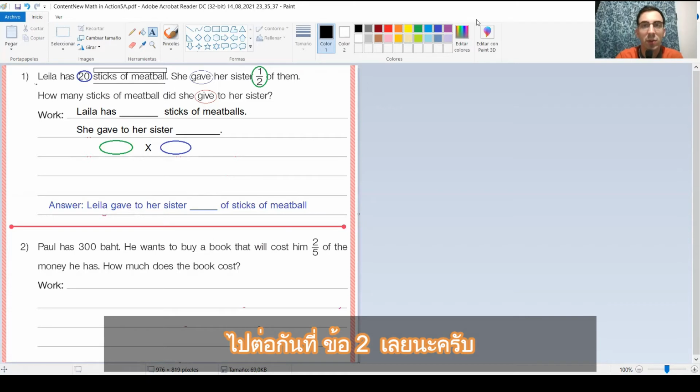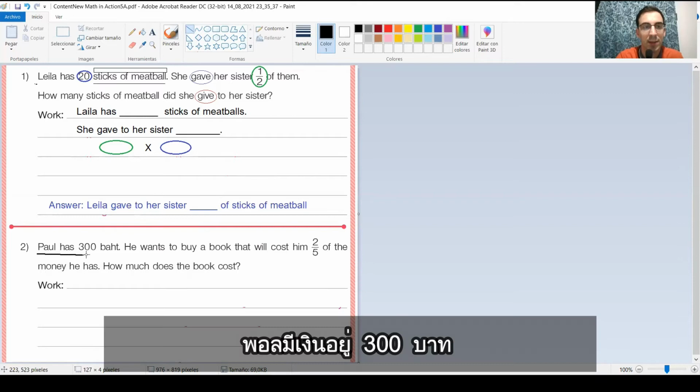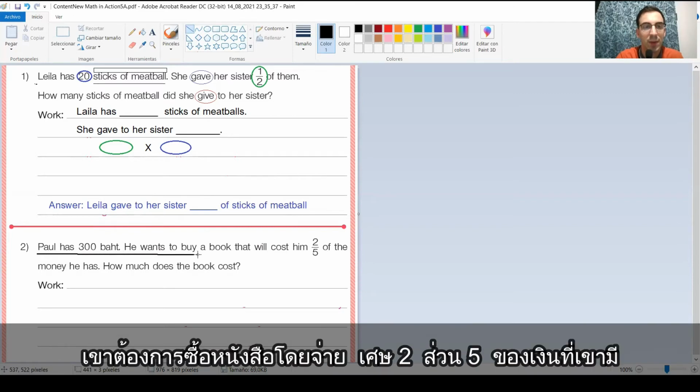Now let's go to the number 2. Let's read first the number 2. Let's read together, please. Paul has 300 baht. He wants to buy a book that will cost him 2/5 of the money he has.